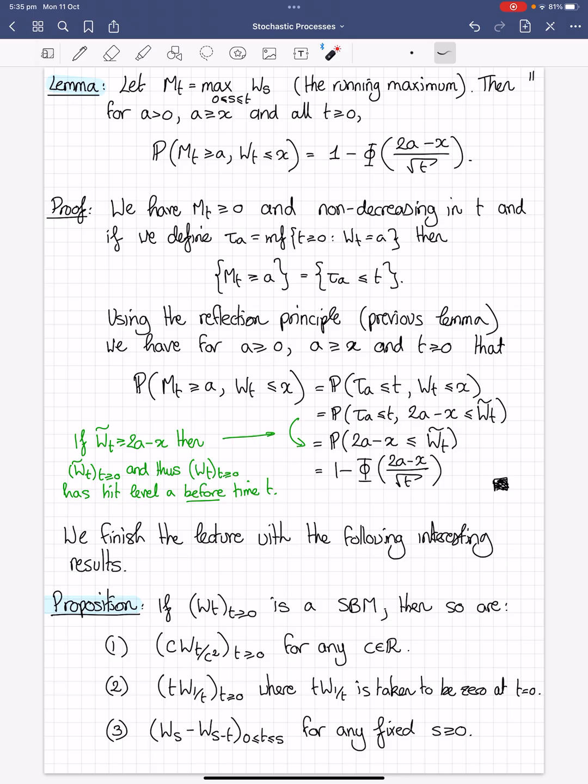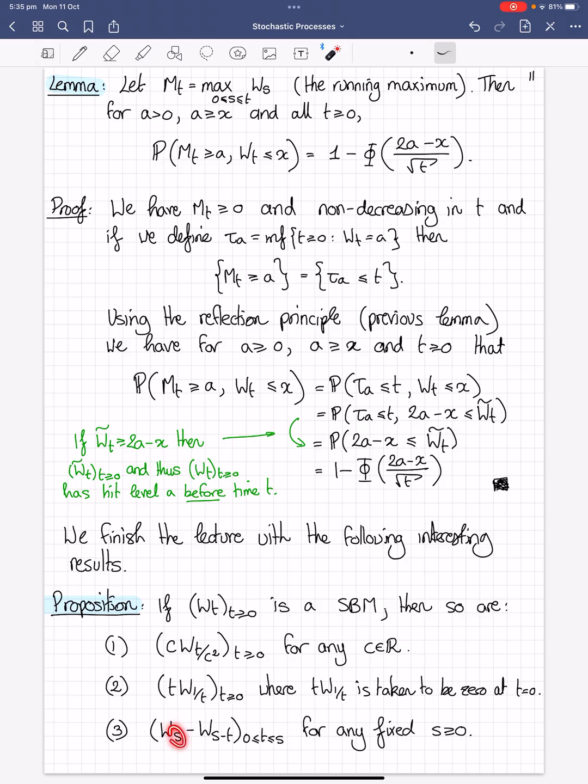If we do something similar, but this time we consider the Brownian motion multiplied by t, but we take time to be 1 over t, under the condition that we take this to be equal to 0 when t is equal to 0, because we don't want that to become infinity, then this is also a Brownian motion.